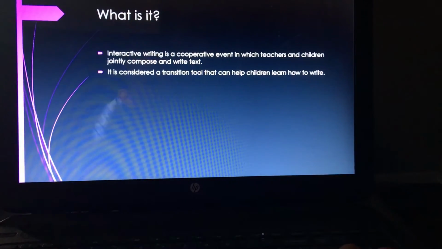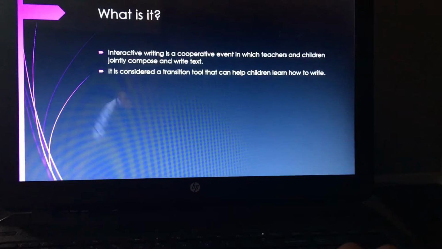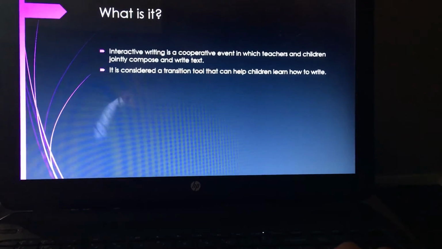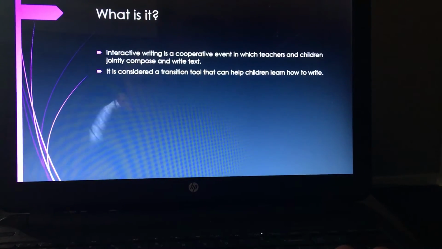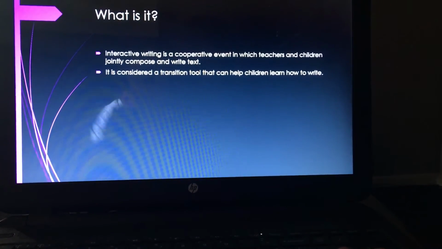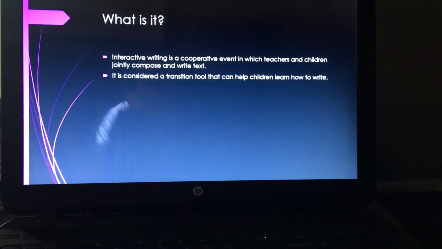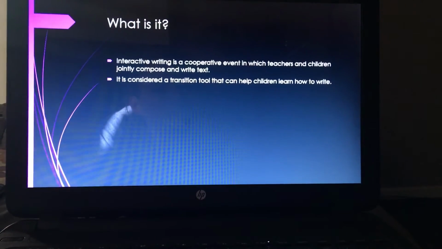For kindergartners and first graders, they're just learning the concepts of writing. So they don't know all of the little rules that come with writing. So when you do this, it allows you as the teacher to model the correct processes that need to be followed. So it makes that easier for them in the long run.